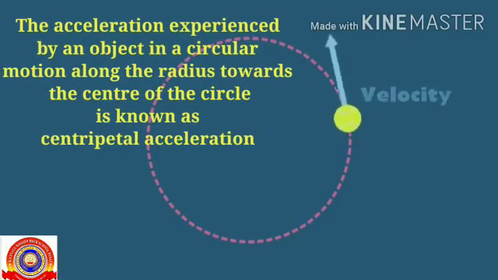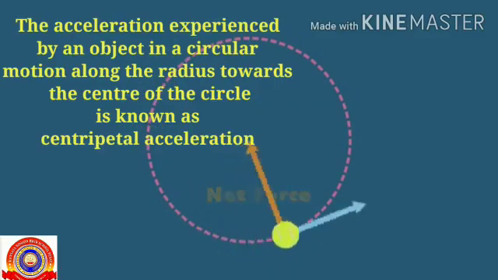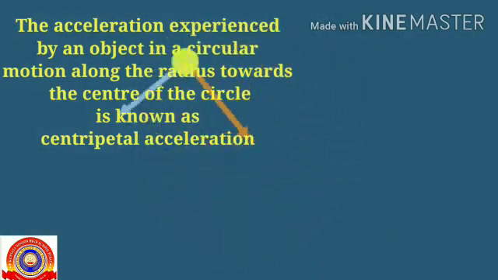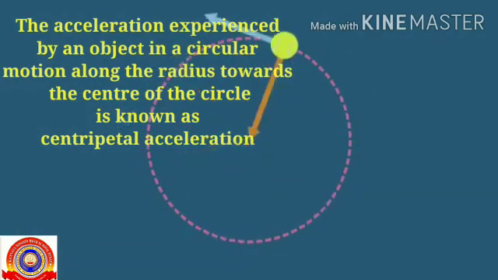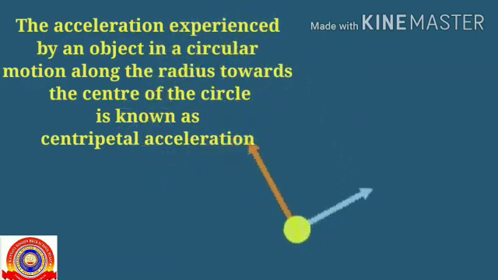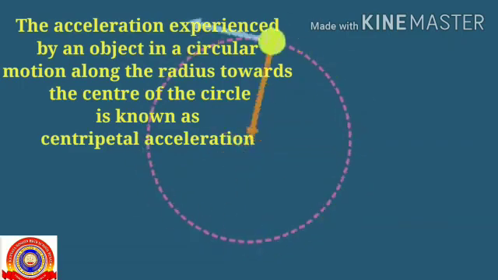The acceleration experienced by an object in a circular motion along the radius towards the center of the circle is known as centripetal acceleration. That means the centripetal acceleration is for the object which moves in a circular path, and this acceleration is concentrated towards the center along the radius.